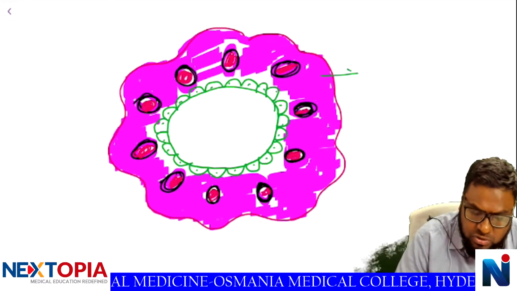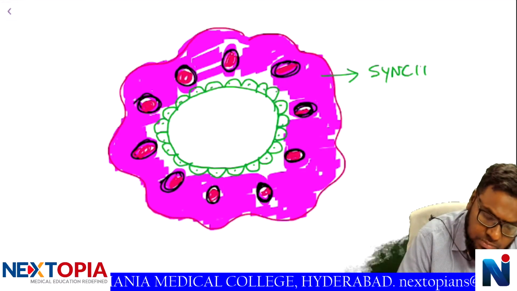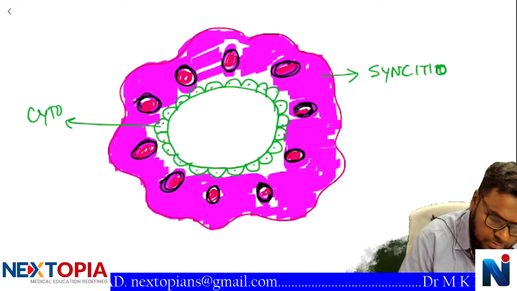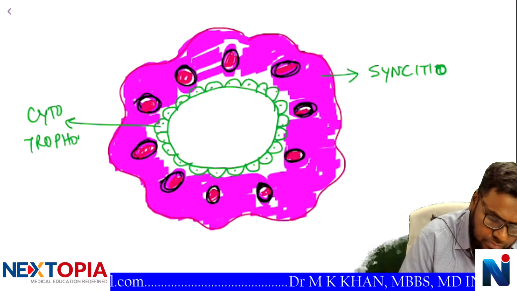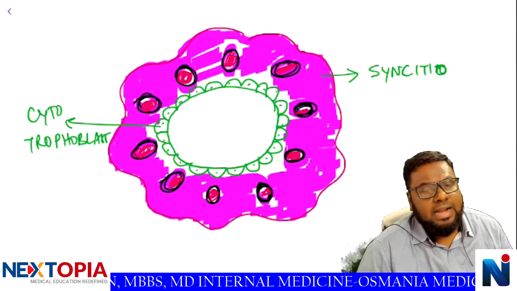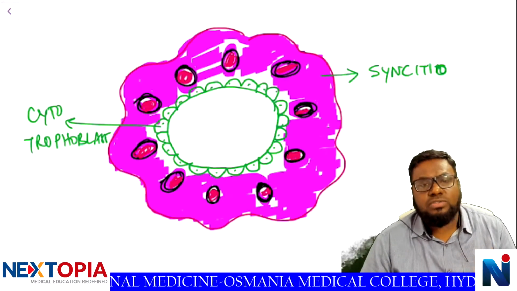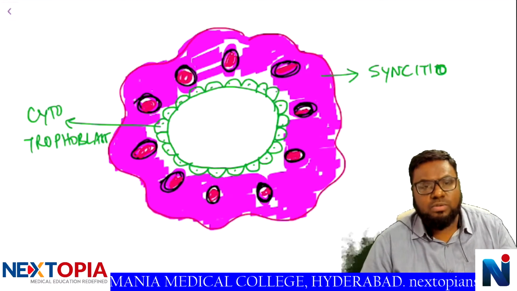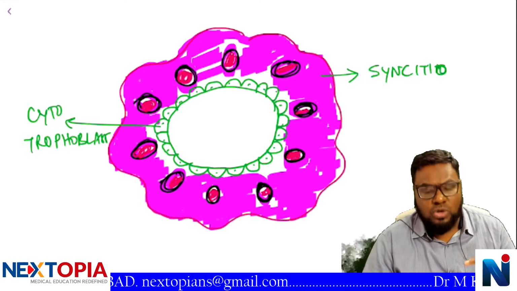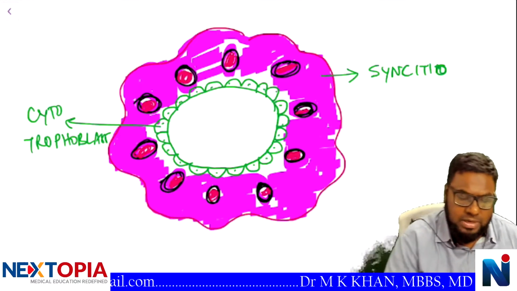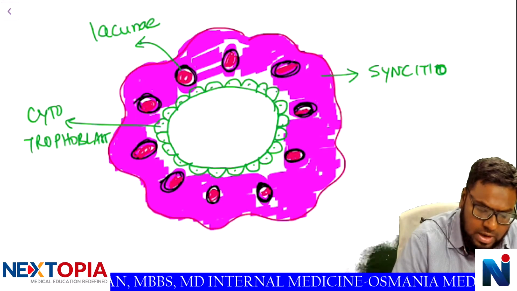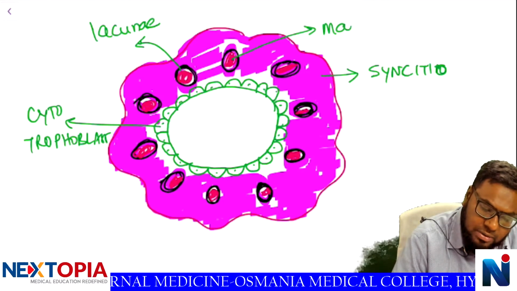So this is the syncytiotrophoblast, and this layer is the cytotrophoblast layer. And the trabeculus thus comes to have a central core of cytotrophoblast. It has got a center of cytotrophoblast which is covered by the layer of syncytiotrophoblast, and it is full of lacunar spaces which are full of maternal blood. So these are lacunae, and inside the lacunae we have got maternal blood.